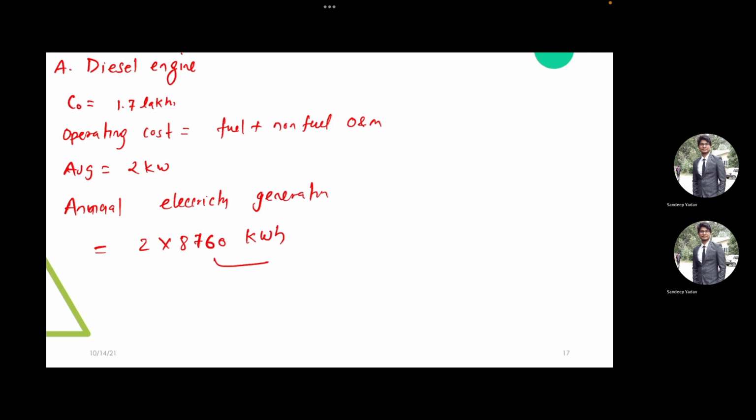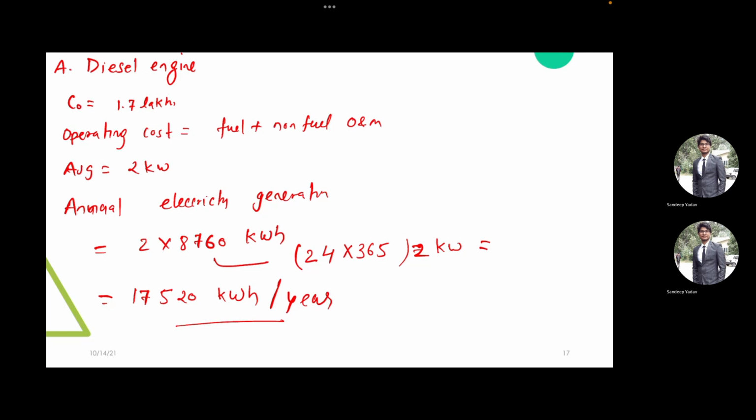We need electricity for the 24 hours and 365 days, and that is for the capacity of 2 kilowatt. So if we calculate for the 2 kilowatt, 17,520 kilowatt hour of electricity is needed annually per year.